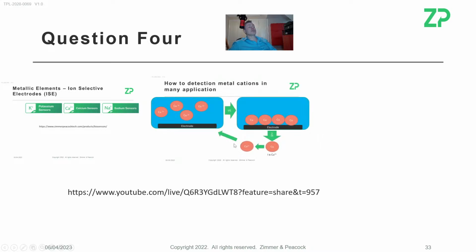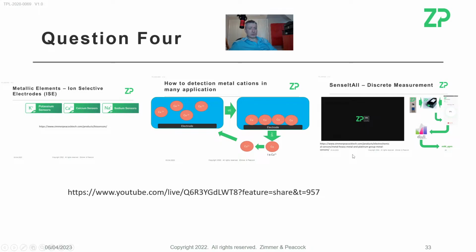We also talked in that video about how to detect other metals like copper and lead. We also talked about some of our hardware platforms, something called Sense It All.